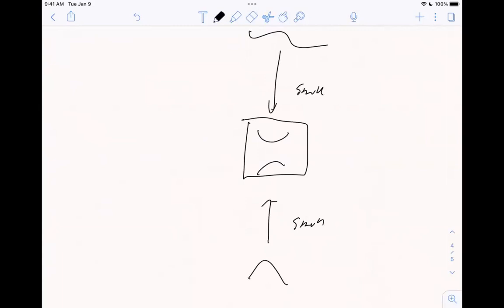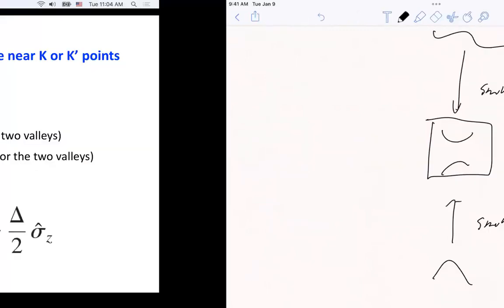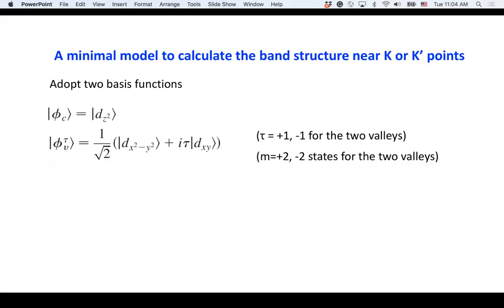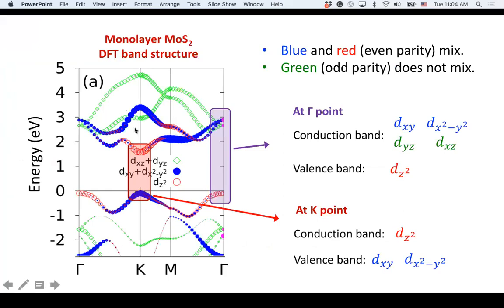So that is the reason that you can use the approximation. But can we justify this in our case? Then you just look at the calculation here. Now you need to know these green bands, they decouple. They're close, but due to this different parity, they don't mix. So they're not relevant. Okay, they don't mix.